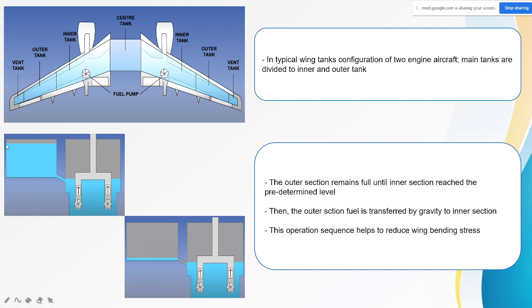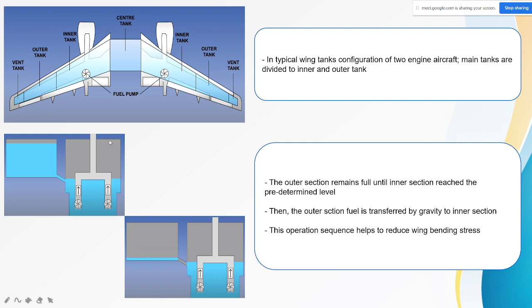Originally they are at the same level, but we have a problem when there is no balance of weight in the wings, because there is something called bending stress. We want to reduce that, so we set a level here.